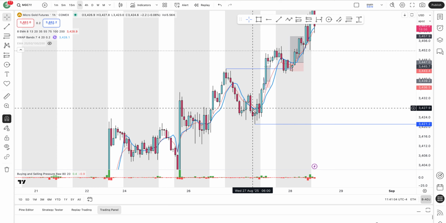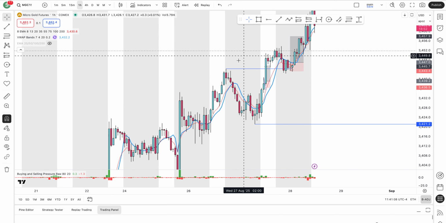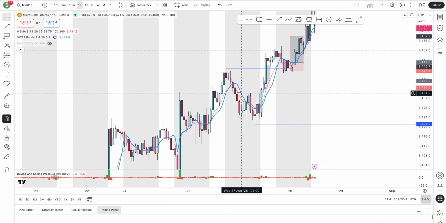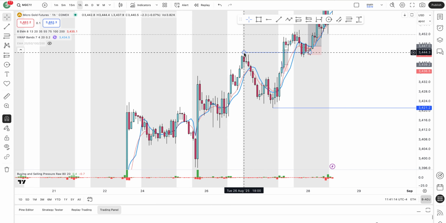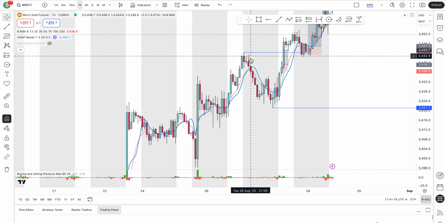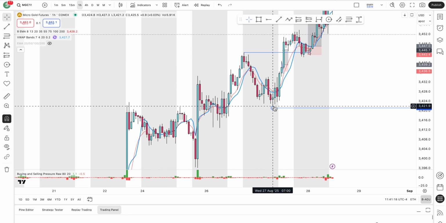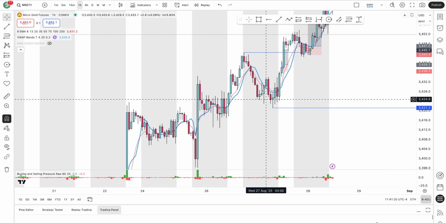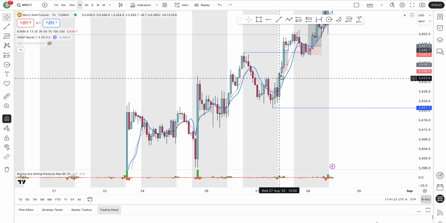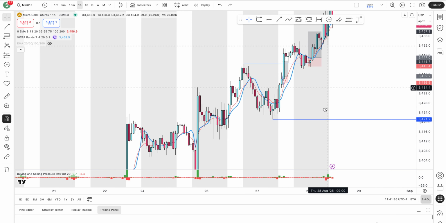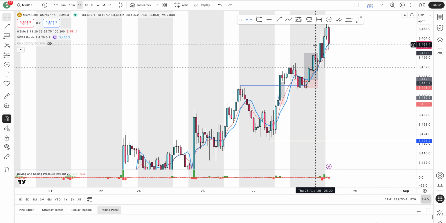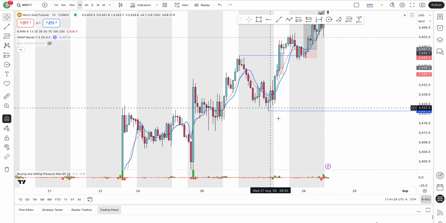Now, if it's a situation like this, where we have the swing high, we're looking for shorts below it until you put in a new swing low. That's what I should have said. So we put in a new swing low, start pushing up. So we're looking for it to trade up into that swing high, and then obviously above swing highs, we're looking for longs, and below swing lows, we're looking for shorts.